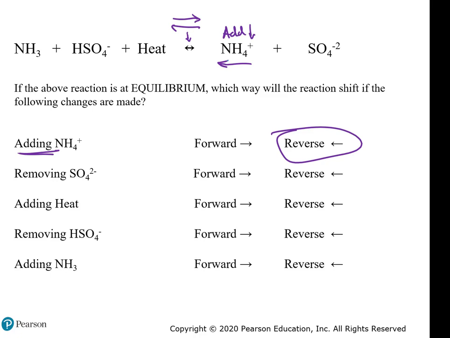What if I removed SO4 2 minus? So in this one, it's going to cause the forward reaction. If I remove, that means it's going to take it away. So whatever I remove, the reaction always shifts towards whatever you take out, so it would be forward.